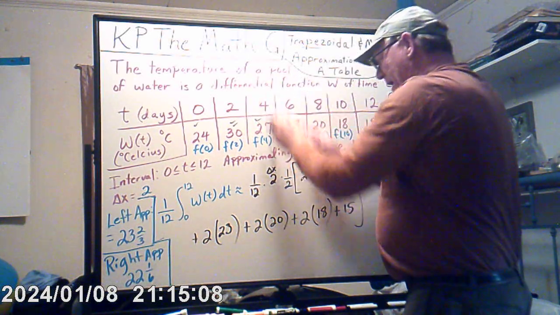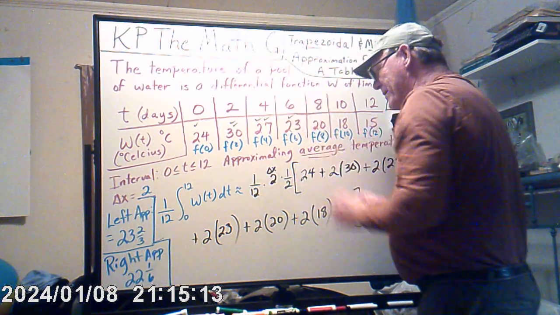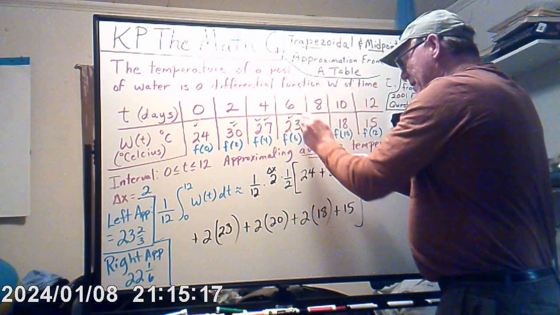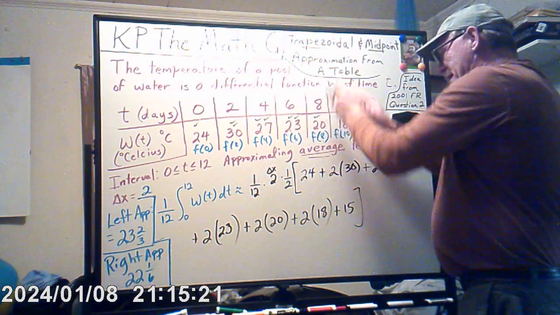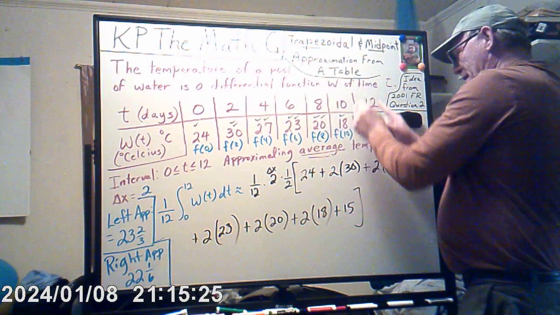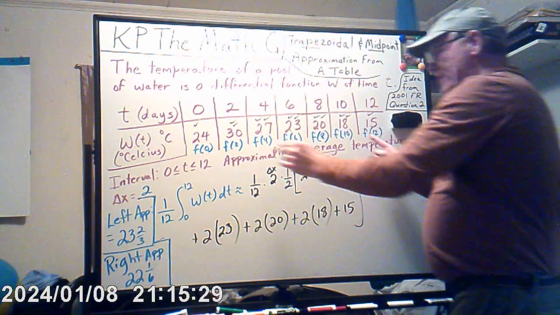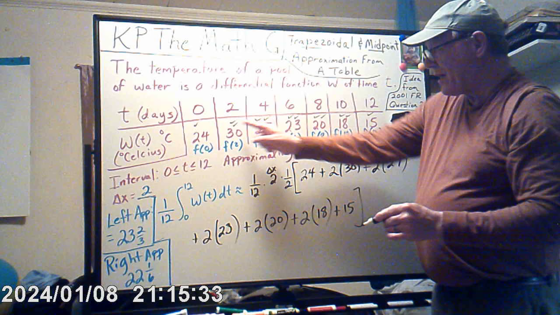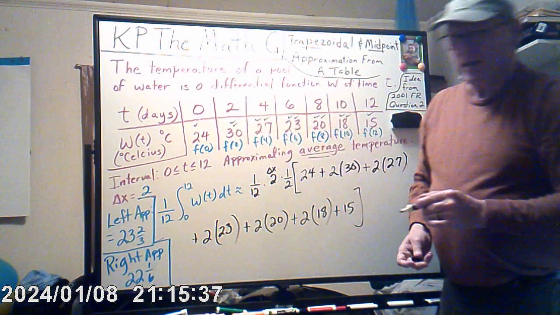When you count 27 and 23, and then 23 and 20, you count 20 again. When you count 20 and 18, you count 20 again and 18 once. And then when you count 18 and 15, you count 18 again and you count 15 once. So that's why you have 2 times all these in between here. And on the ends, you only counted them once.